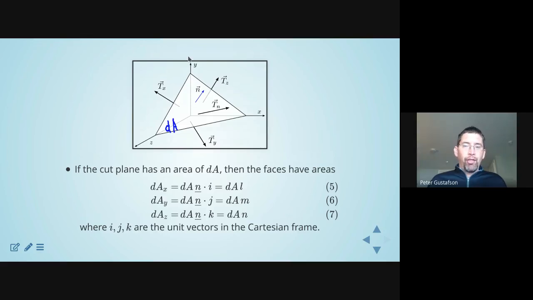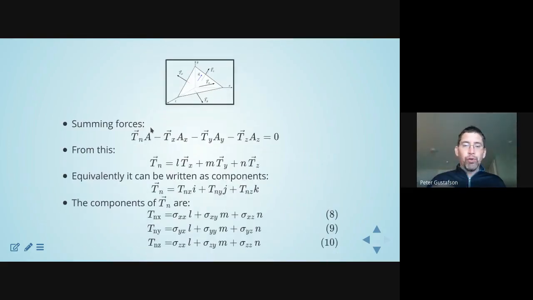This newly exposed subvolume, this differential volume, has to be in equilibrium. So the sum of all the forces on that internal body has to be equal to 0.